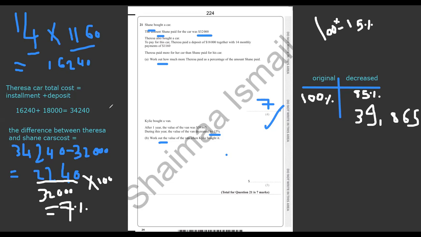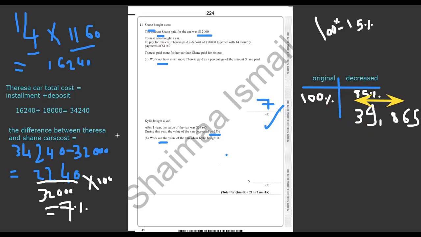Okay. Now it's time to make a cross multiplication. We multiply the 100% multiplied by 39,865 here, then divided by the 85%.